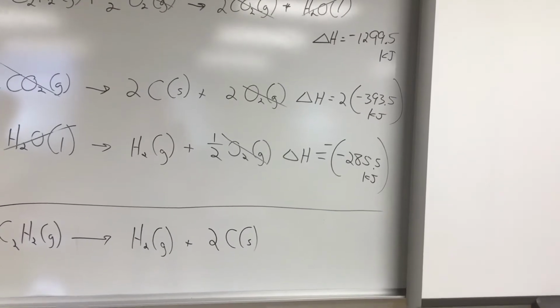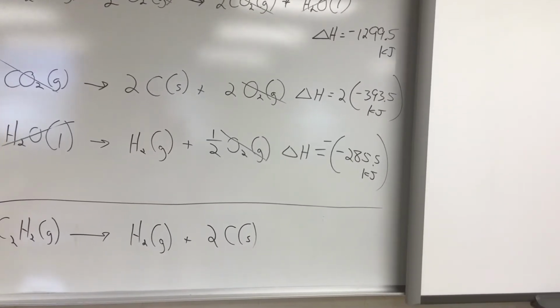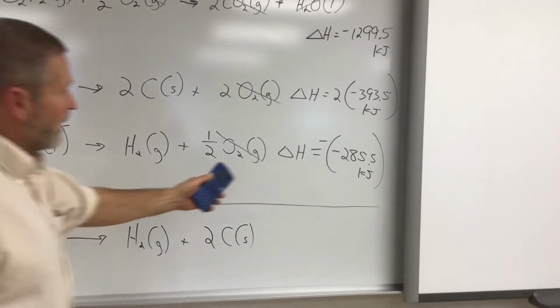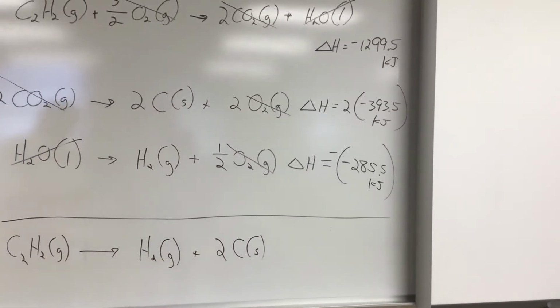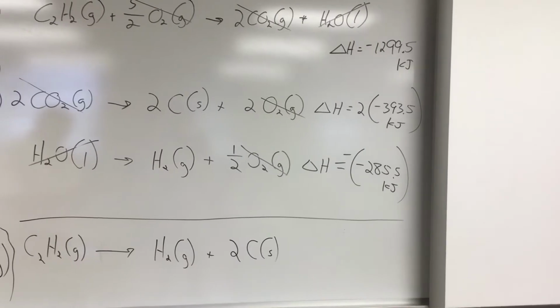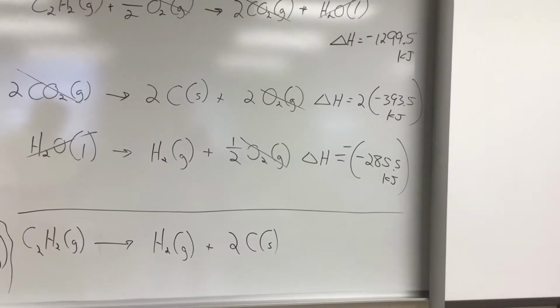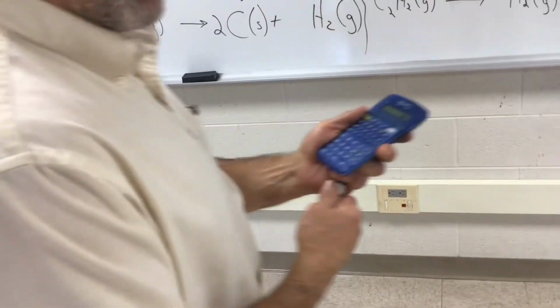And then plus, now this is going to be a positive, right? Yep. We have to remember we're taking the opposite of that. Be careful with those signs. That's an easy thing to mess up. 285.5. So I got negative 1,801 kilojoules.